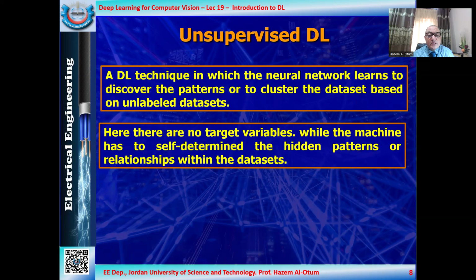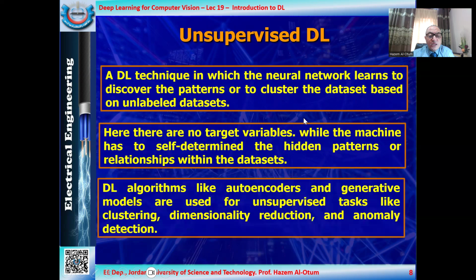And in this case you need to be self-determined, you try to explore the hidden patterns or relationships within the datasets. The same thing is true for deep learning as it was for machine learning.